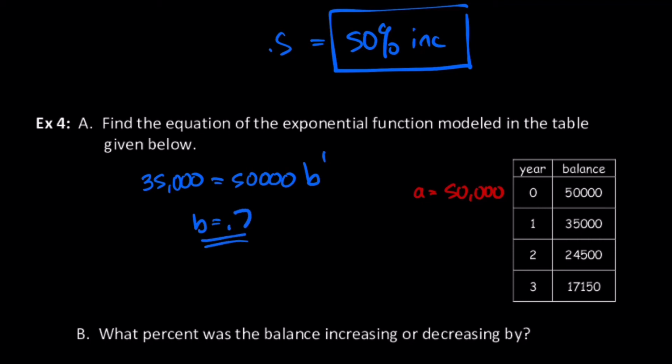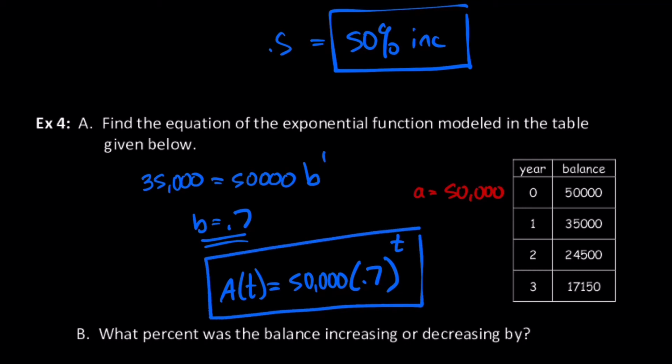So find the equation of the exponential function. Let's do something like this. A of t equals your a value, 50,000, times your common ratio, 0.7 to the t. If you want to use y equals something to the x, that's fine as well. I just did it in function notation.